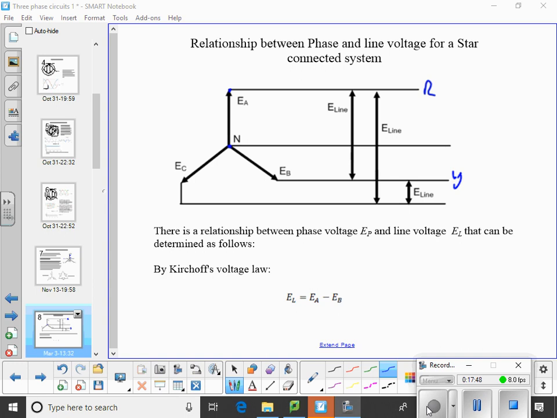The line voltage between red and yellow is made up of EA plus EB.